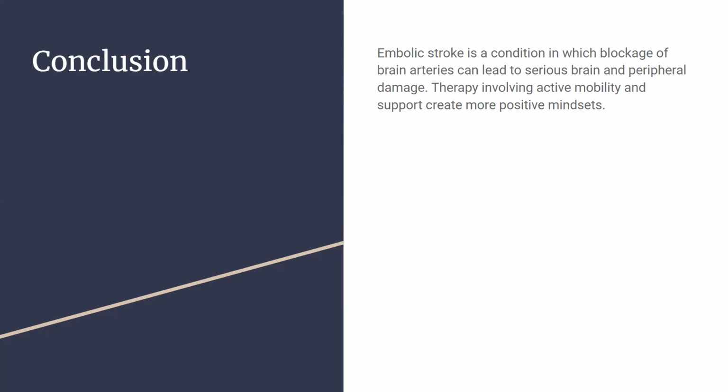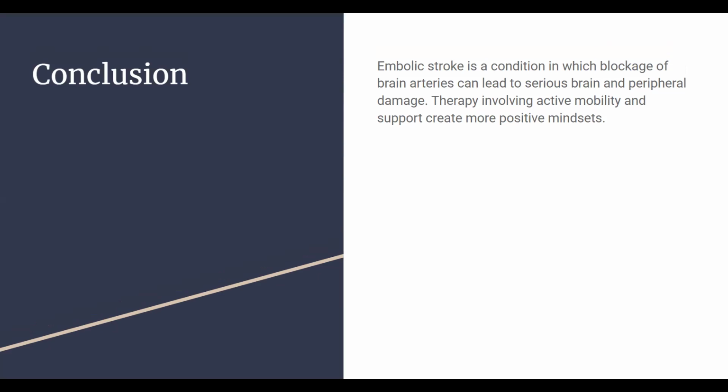So thrombocyte embolism stroke is a condition in which you need to be really careful and you need to have more precaution of what you do and how you approach life.